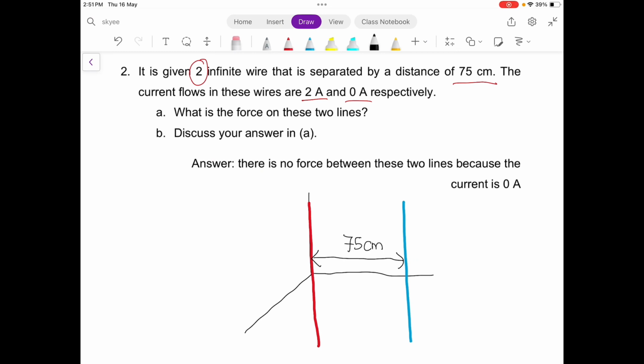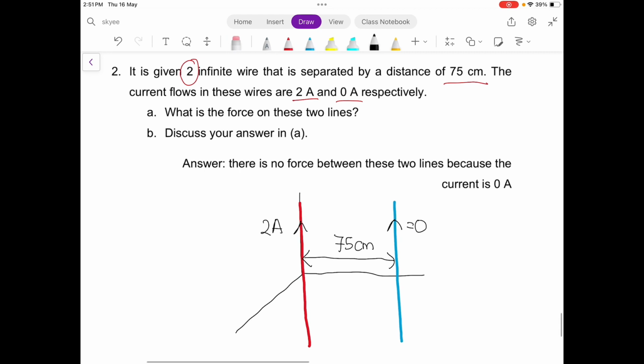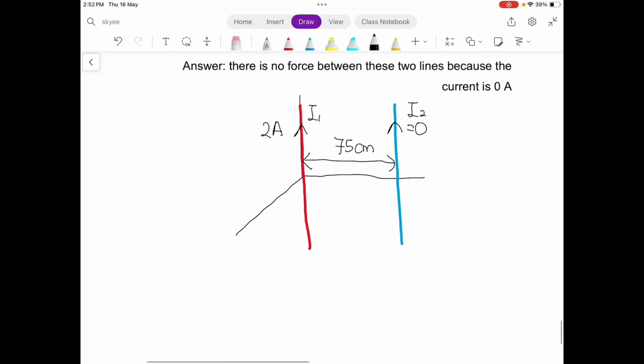They didn't tell us the current direction either, never mind, we assume the first to be 2 ampere, and for this one the current is 0. What is the force on these two lines? They ask you to find the force due to I1, and the force due to I2. If this is your I1 and this is your I2, what will be the equations?